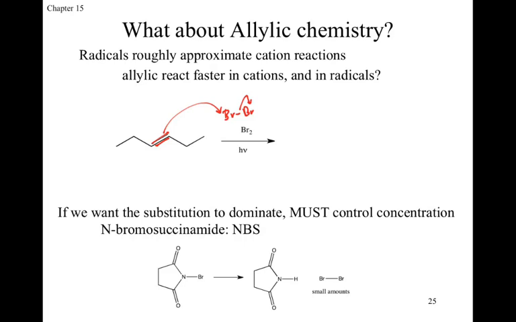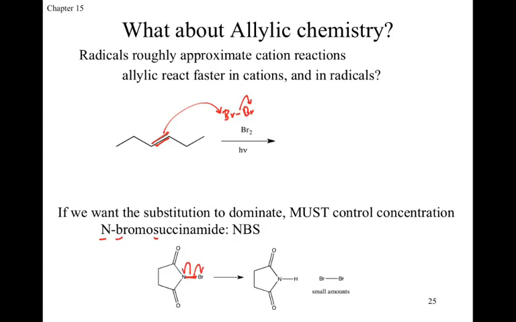Okay, so to do that, we can use a reagent known as N-bromosuccinimide, or NBS. The structure is shown. What will end up happening in this case is we have that bond between two very polar, electronegative elements.